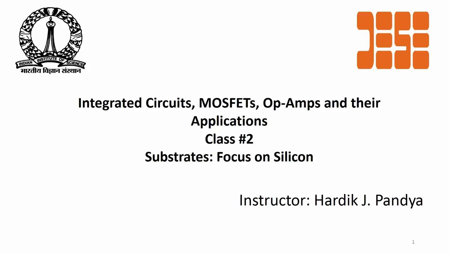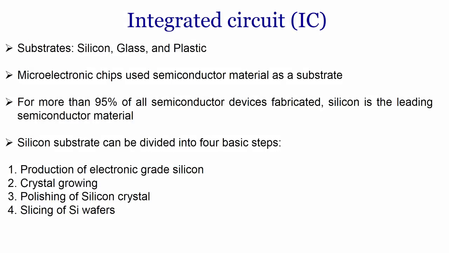If we go back to the screen, you will see that we are understanding today what the substrates are, and we will focus more on silicon. The first slide shows that generally we come across three kinds of substrates: silicon, glass and plastic.